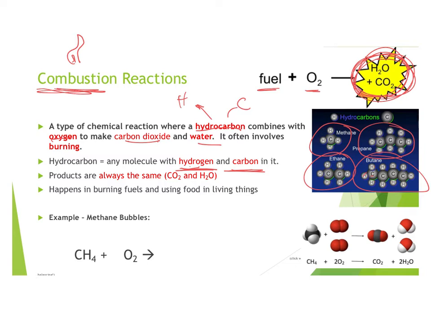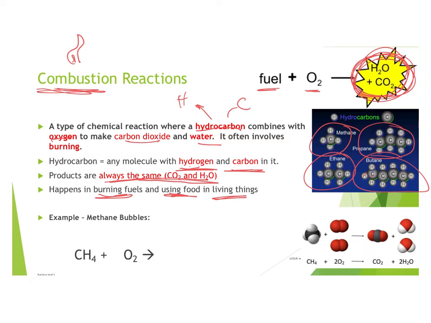When we combine those with oxygen, we always get the same products, carbon dioxide and water. This kind of reaction happens in burning fuels, and it also happens in using fuel in living things.